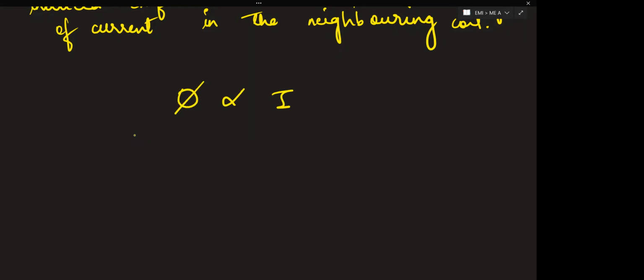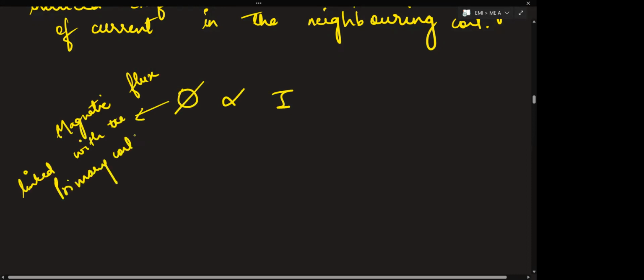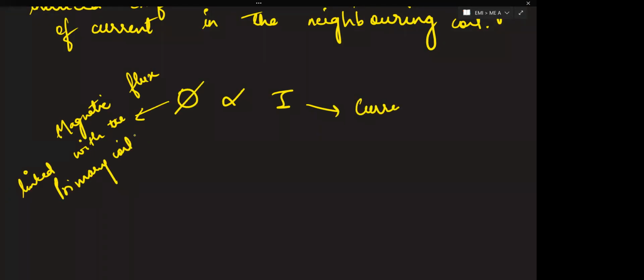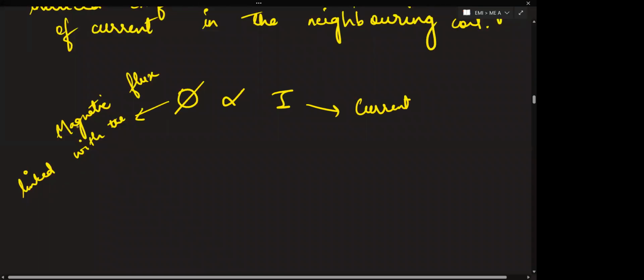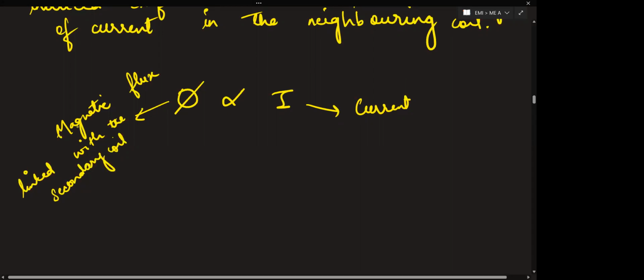Here, this is the magnetic flux linked with the secondary coil, and this is the current. Current changes in the primary, and this is the current in the primary coil.